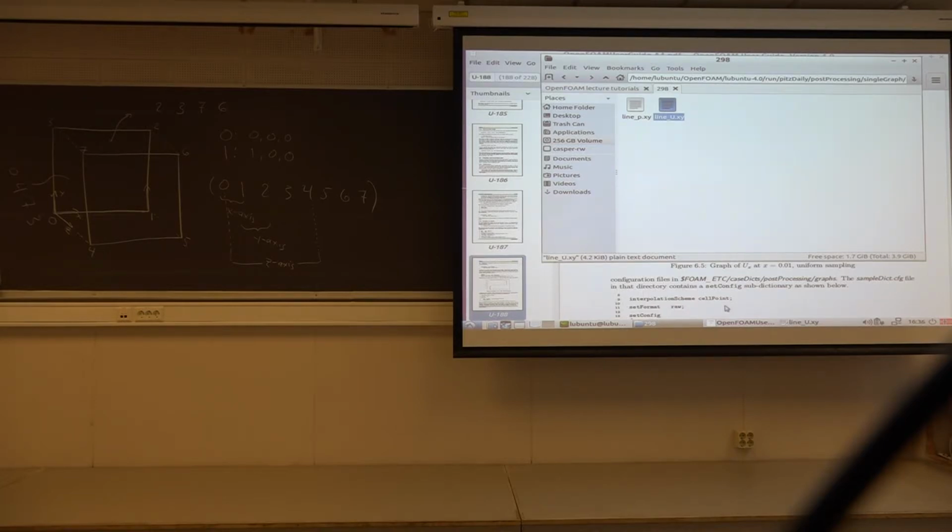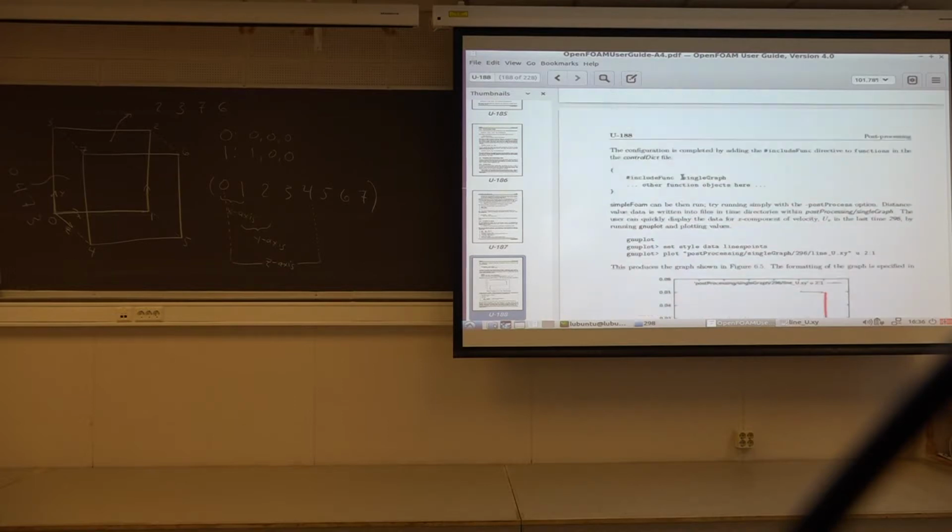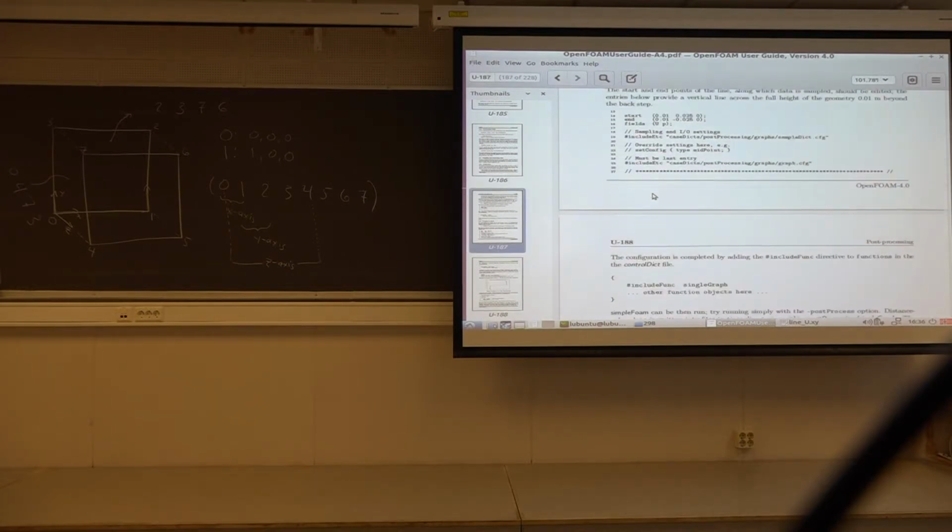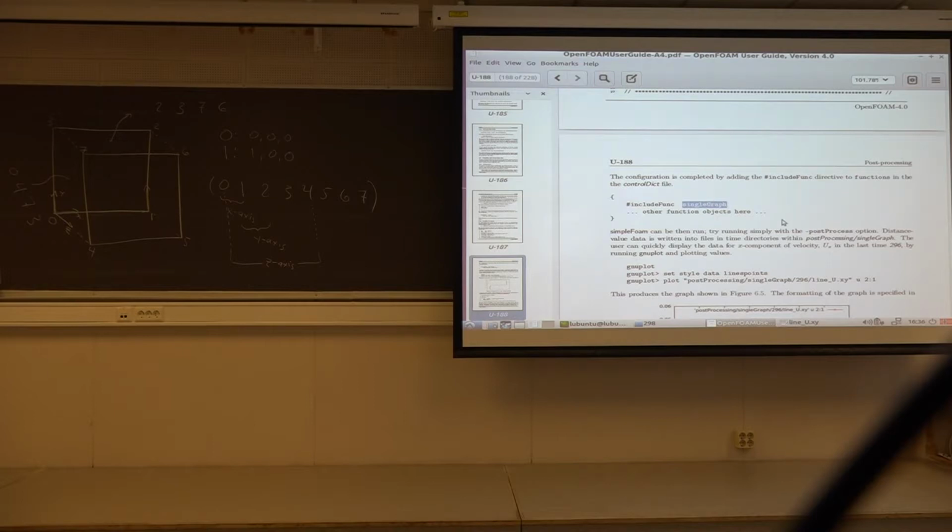So that was sort of the recipe how to use a single graph, how to obtain, say, a velocity profile along a line inside a domain, or the pressure distribution for that matter. Any questions to that one? That's okay.